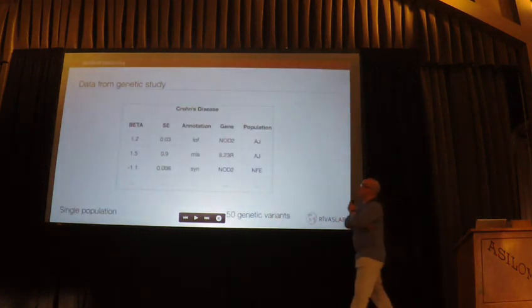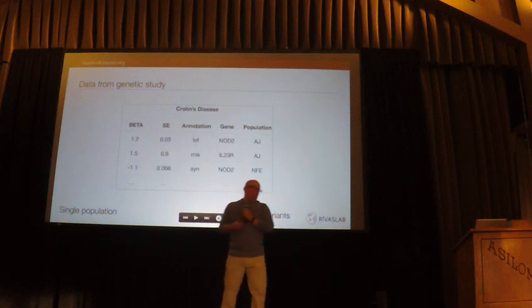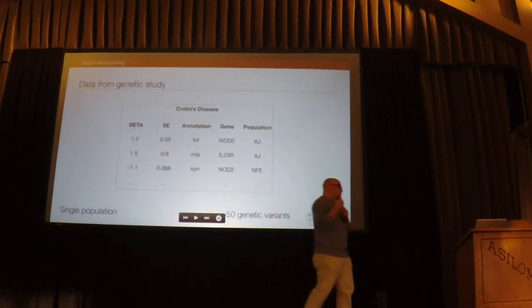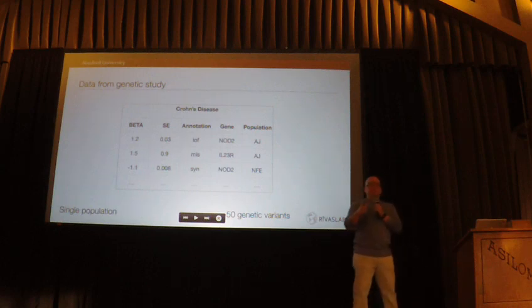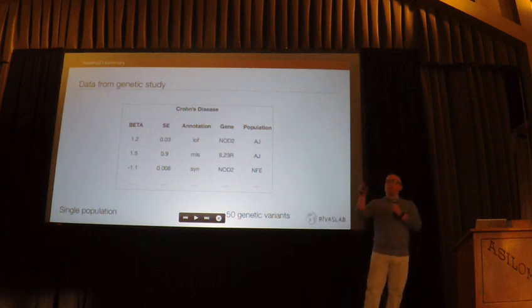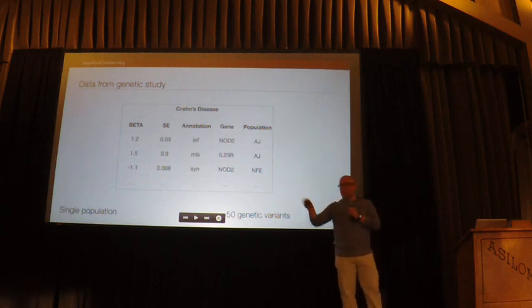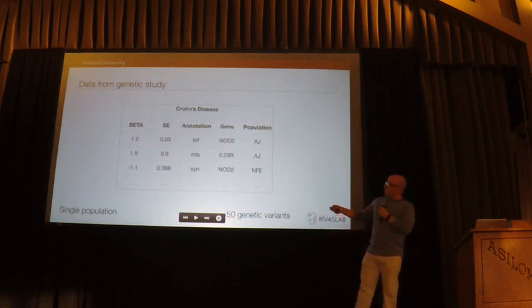So just to give you a flavor of how the data from a genetic study typically looks, if you are involved in all of the projects, you'd be able to get access to individual level data. The main challenge is that most researchers actually don't have access to each project's individual level data. So at the end of the day, what you end up working with looks like summary statistics.